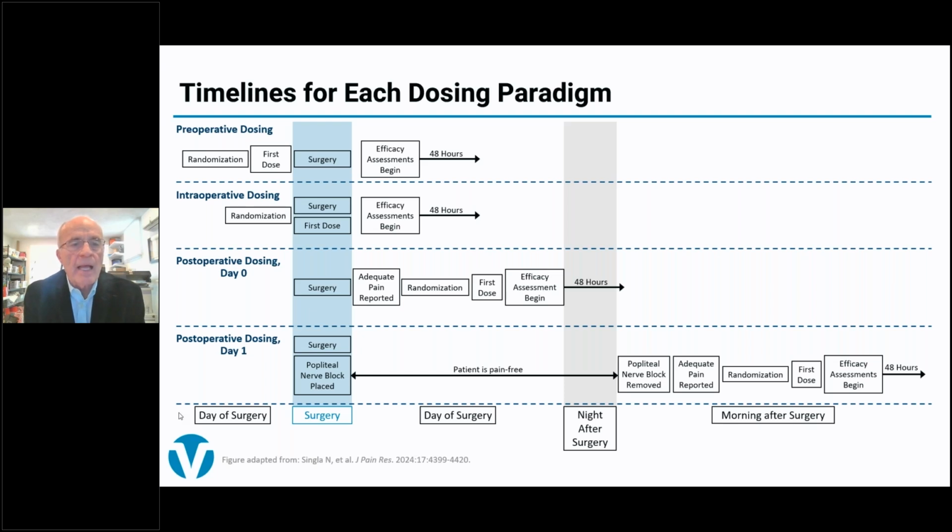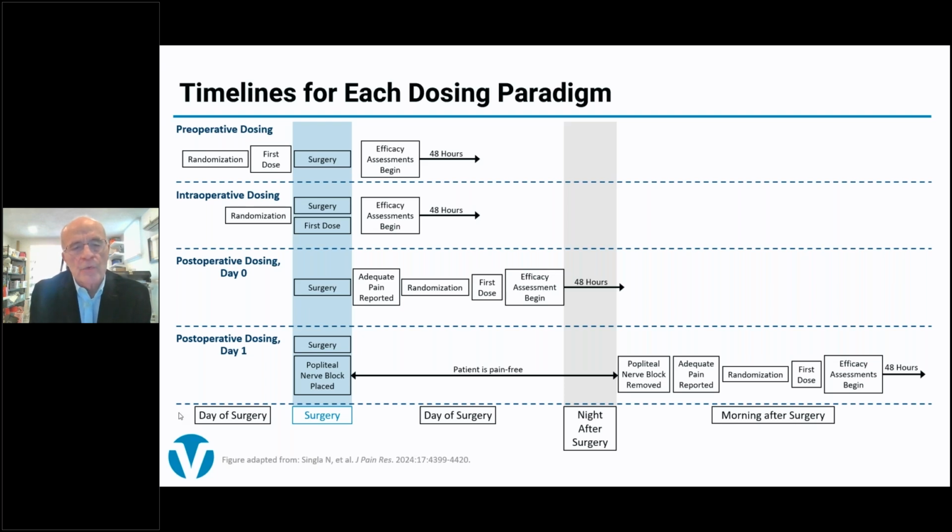And then there's another technique that's, I think, limited to only the bunionectomy. I'm not sure that it's used in total knee acute pain models, but this is when you have surgery, you place in a block, a regional block that we call a popliteal block that provides complete pain relief for about 24 hours.